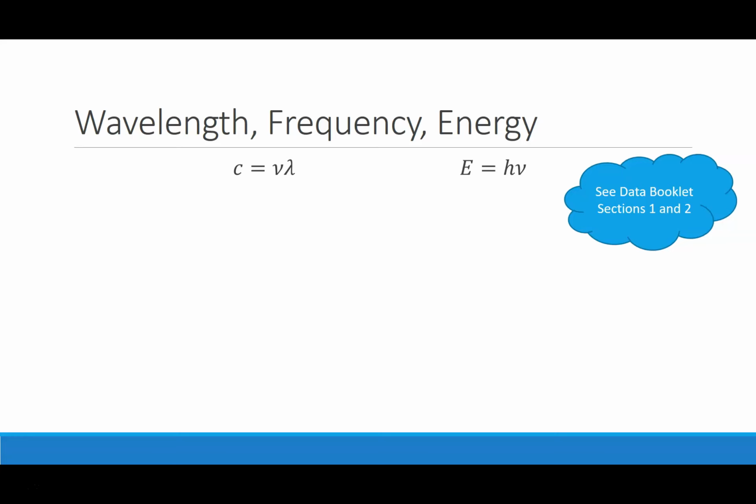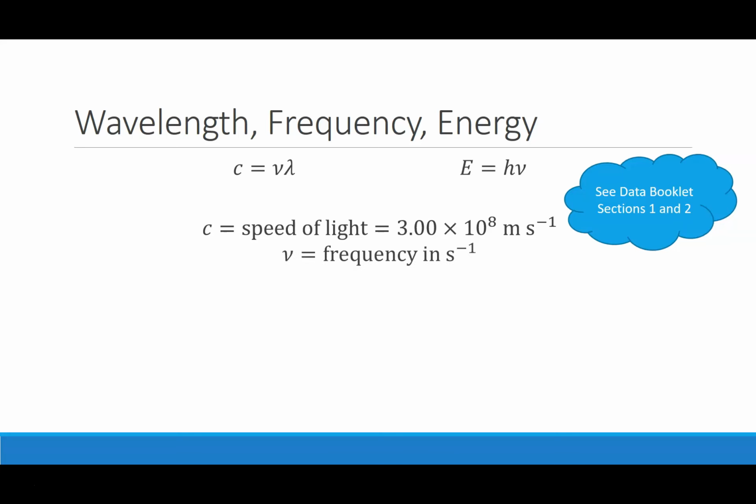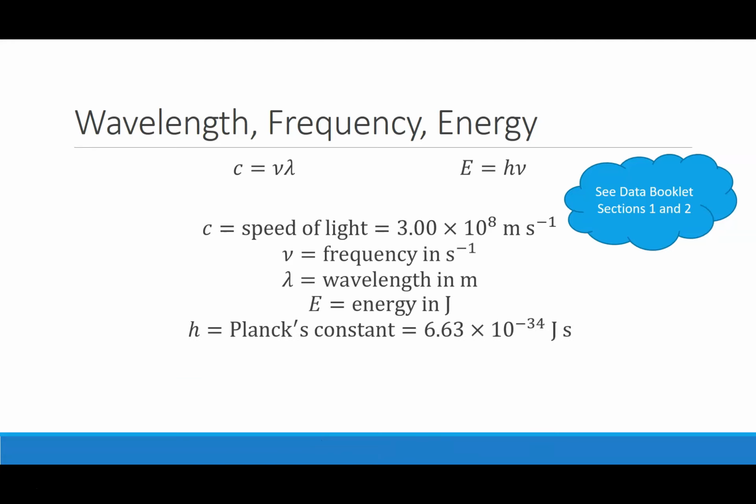There are two mathematical formulas that allow us to do this. c = νλ, and E = hν. c is the speed of light, which is equal to 3.00 × 10^8 meters per second. ν is the frequency in inverse seconds, or hertz. λ is the wavelength in meters. E is the energy in joules, and h is Planck's constant, which is equal to 6.63 × 10^-34 joule seconds.